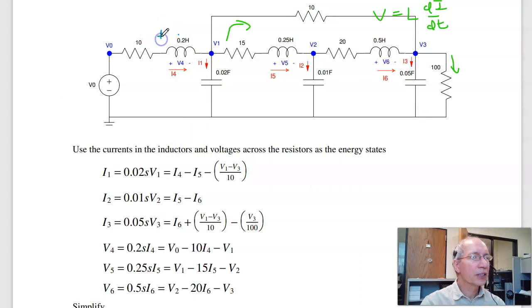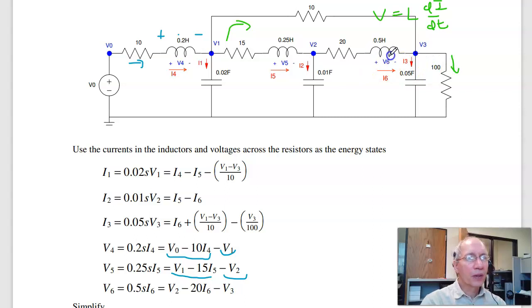The voltage across this inductor on the left is V0 minus this voltage, and that's I4 times 10. So there's the voltage on the left. Voltage on the right is V1. Second inductor, voltage on the left is V1 minus 15I5. Voltage on the right is V2. So here's voltage on the left, voltage on the right.